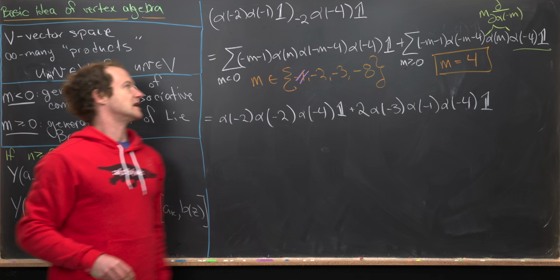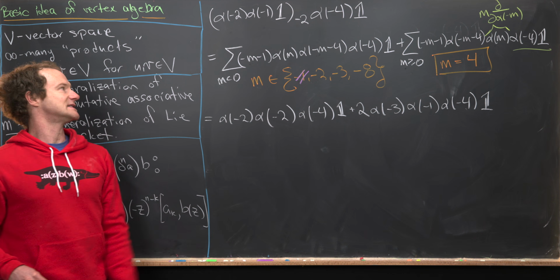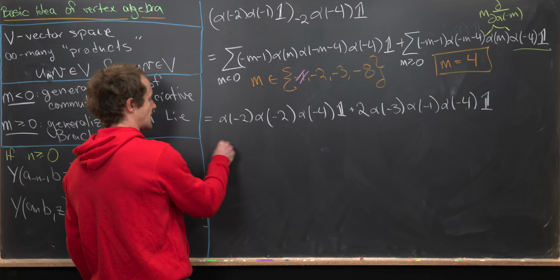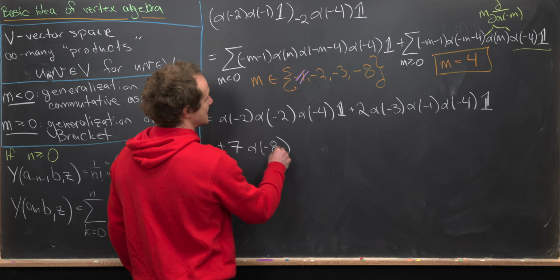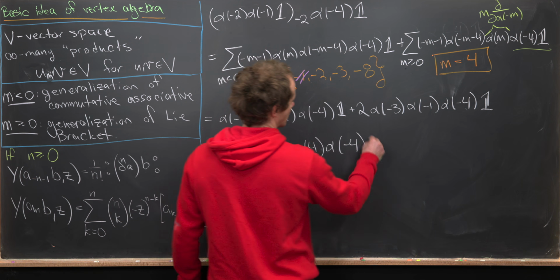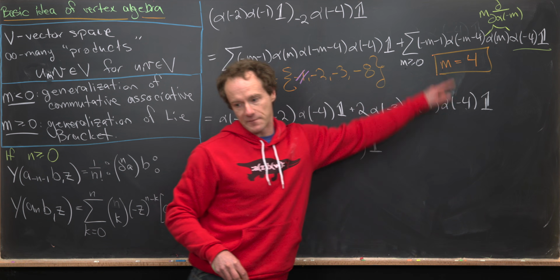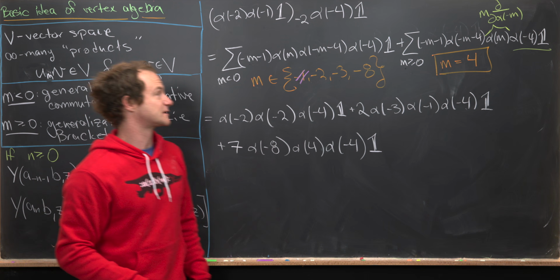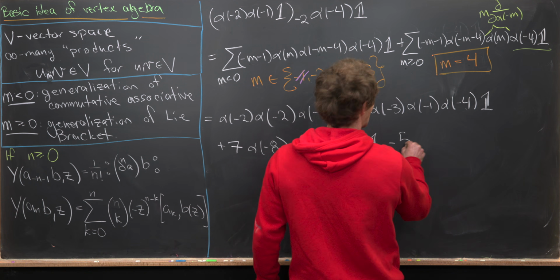And then let's look at our m equals -8 term. So plugging in -8 to this, we'll get 7. So that'll be +7. And then we'll have alpha -8, alpha 4, alpha -4 on the vacuum. And then one last thing over here from this second sum, m equals 4. So plugging that into here, we'll get a -5.